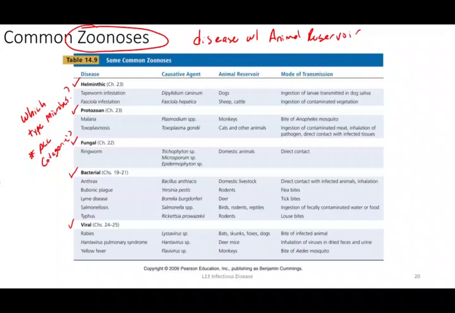If we look at the diversity of animal reservoirs, you can see it really spans across a variety of different animal groups. Things we more commonly come in contact with, like I said, domesticated animals like dogs or cats, but then more agricultural animals like sheep and cattle.